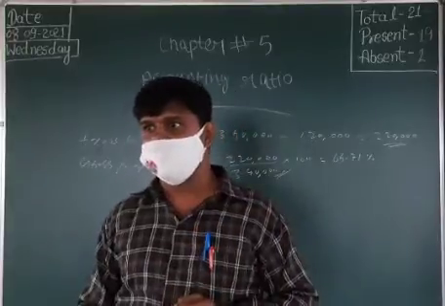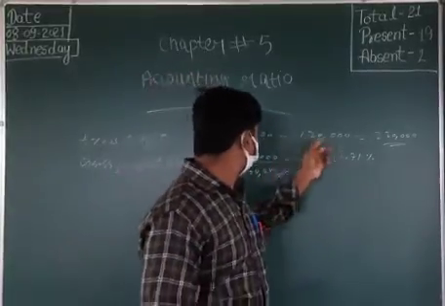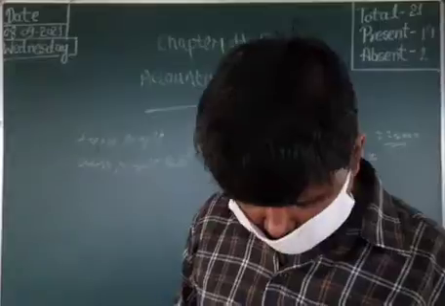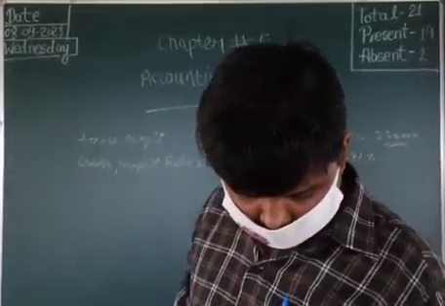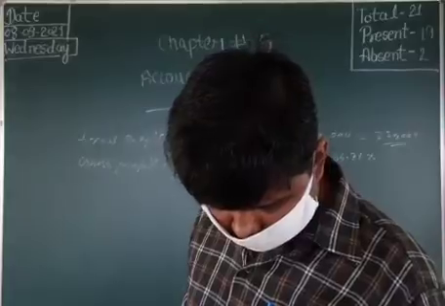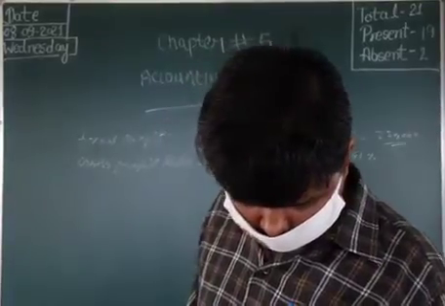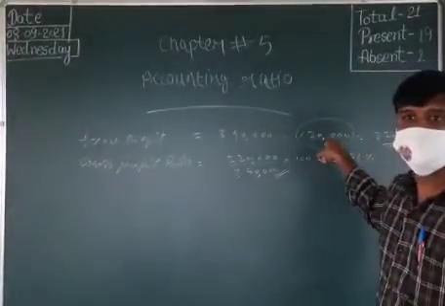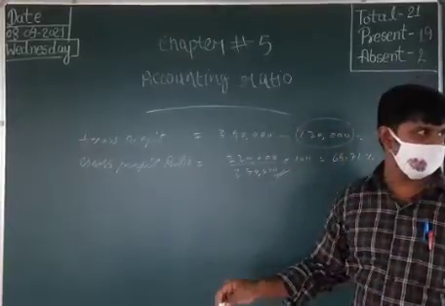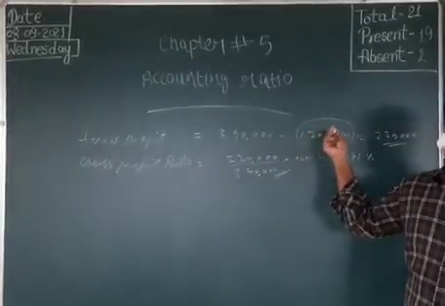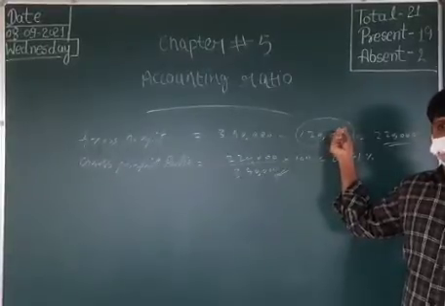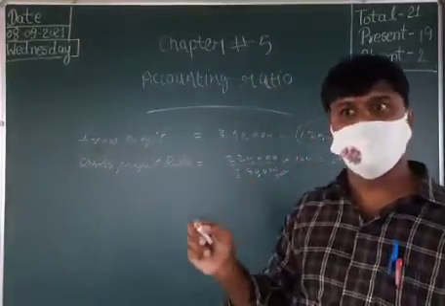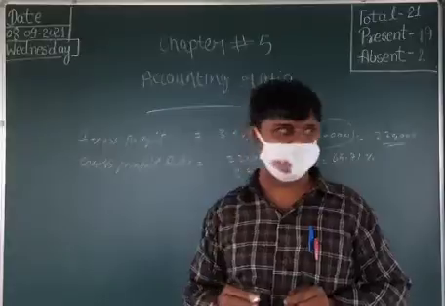Whatever the cost is, it is already given here. We already got that one, expenses, this is 1,20,000. This is the cost of operation, meaning direct expenses. With this, in order to find out the operating expense, we need to find out the indirect expenses also.